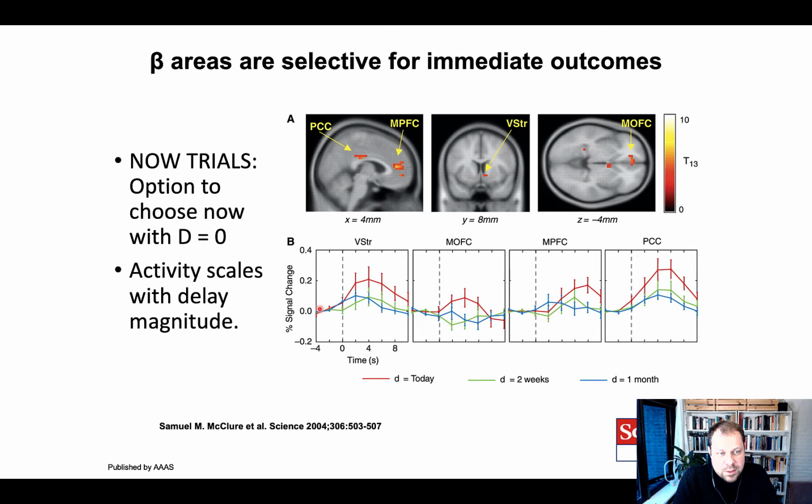And the responses that these regions showed is that they basically, in a sense, scale with delay magnitude, but they mostly showed the largest activity on those trials in which an immediate outcome was offered to the participants. And you can see this in the red line here. The red line shows the highest level of activity across all of these regions, particularly in the ventral striatum, the medial prefrontal cortex, and the posterior cingulate cortex.